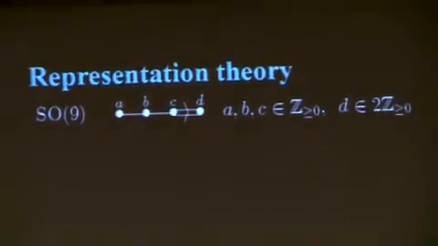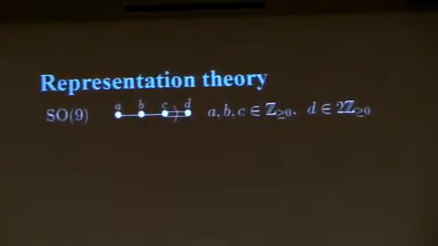This is the so-called theorem of the highest weight. Okay, these are the irreducible representations of SO9. And A, B, and C here are arbitrary integers, and D is an even integer. Why? You'll see.